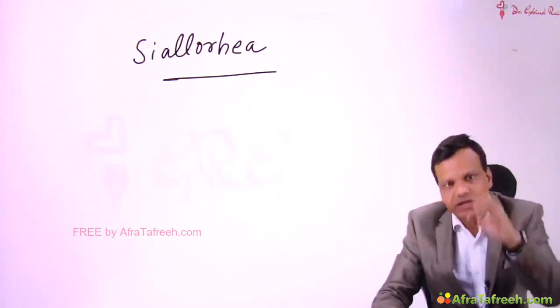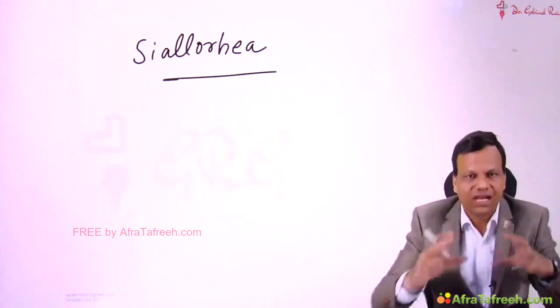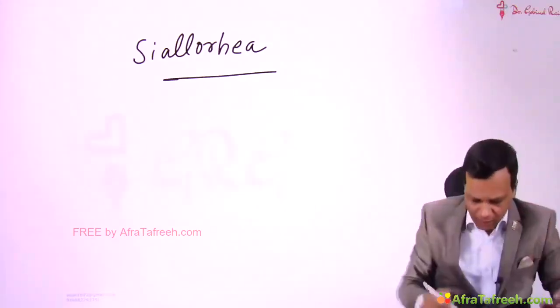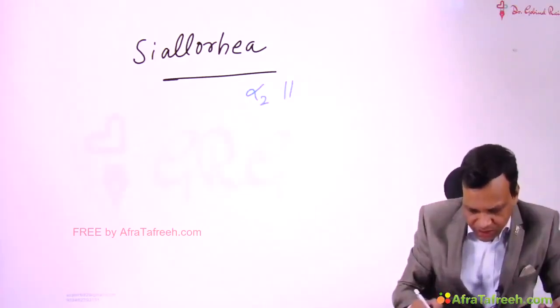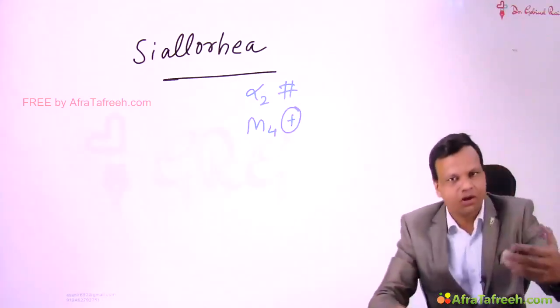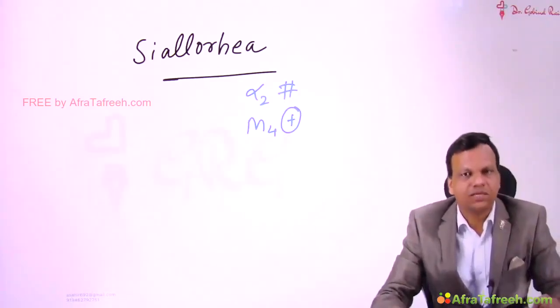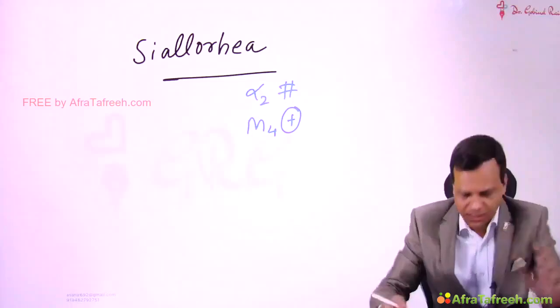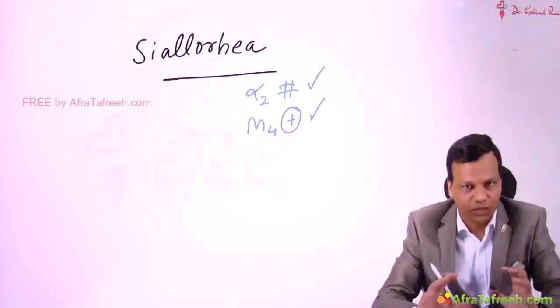Why does clozapine cause sialorrhea when it has anticholinergic activity? The exact mechanism is not known, but it is assumed that apart from blocking M1 and M3 receptors, clozapine blocks alpha 2 receptors and stimulates M4 receptors, and these two properties may be responsible for causing sialorrhea.